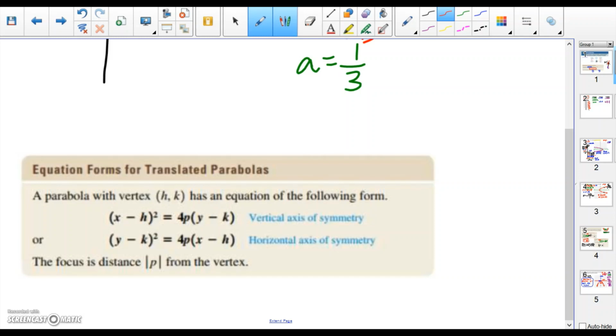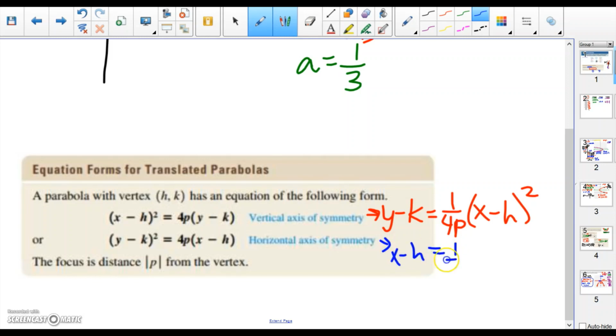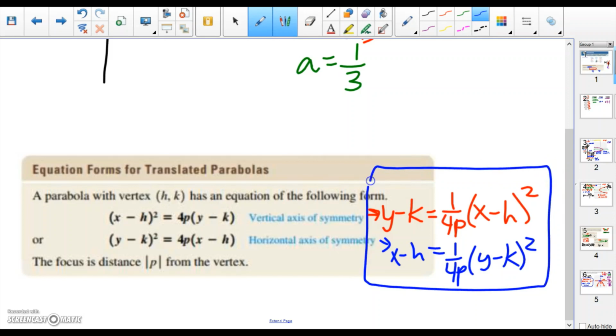So shifting this equation around a bit, I would have y minus k equals 1 over 4p times x minus h squared. Looking at the other one, we'd have x minus h equals 1 over 4p times y minus k squared. So I like those forms a little bit better. It's the same thing. If you'd rather use this, you can, but I like the second way better.